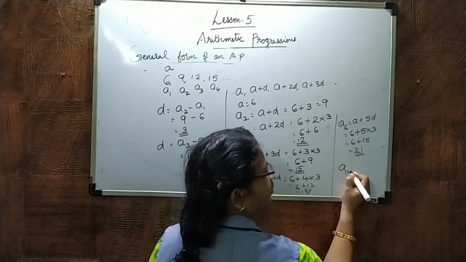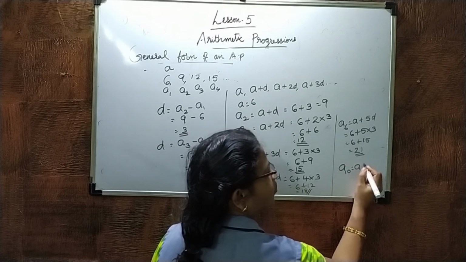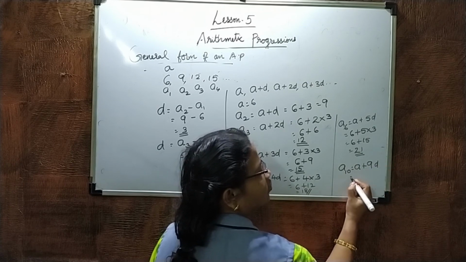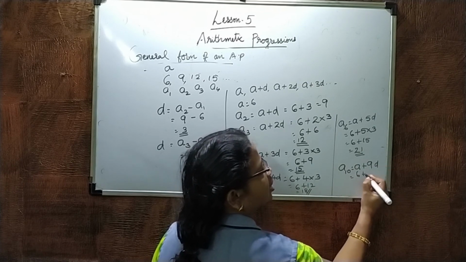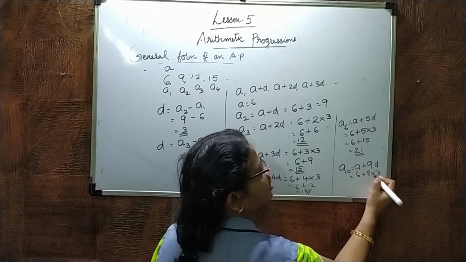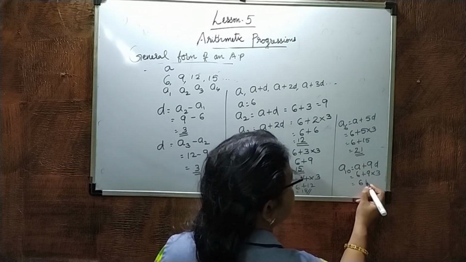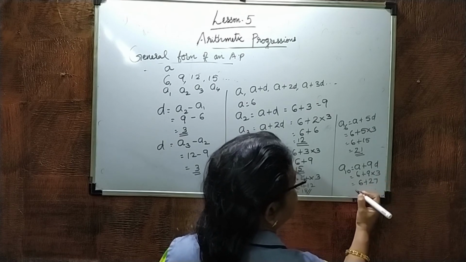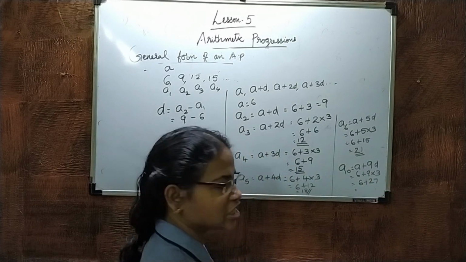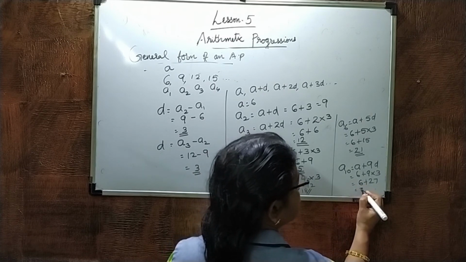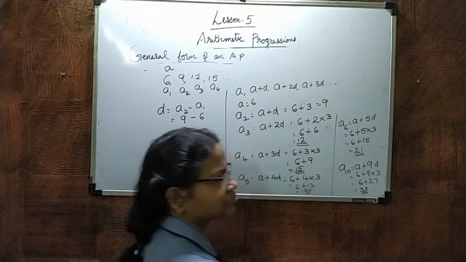A10. It will be A plus 10 minus 1, it is 9D. It will be A is 6 plus 9 into D is 3. Right? So, it will be 6 plus 27. What is 6 plus 27? It is 33 you will get.